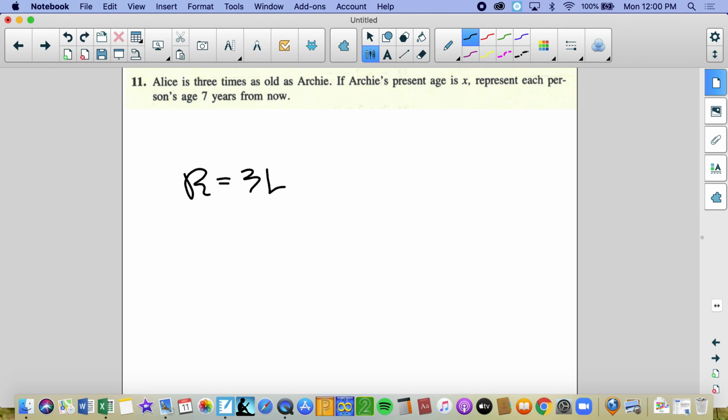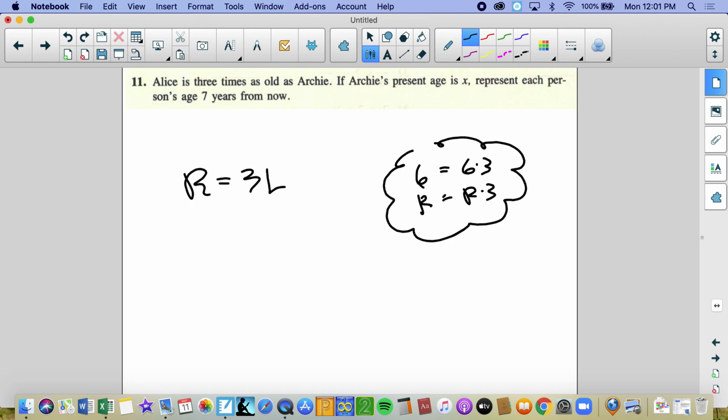And if we think about it, if Archie is 6, then Alice would be 6 times 3. So if Archie is R, if we replace his age with 6, we would have R times 3. So that's a nice way of thinking about how to write that properly.